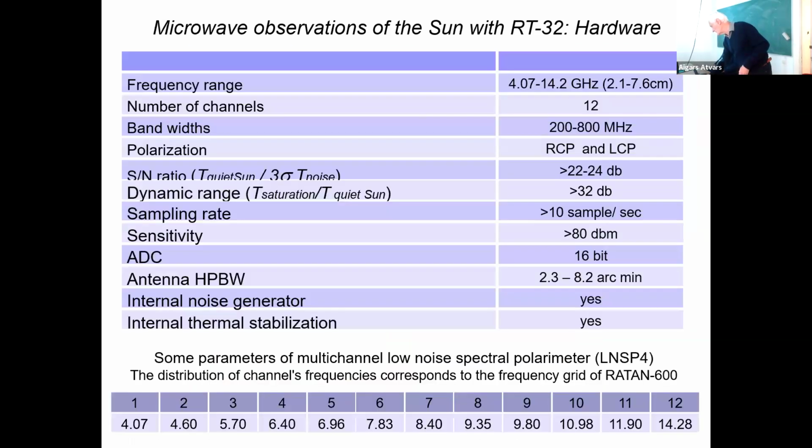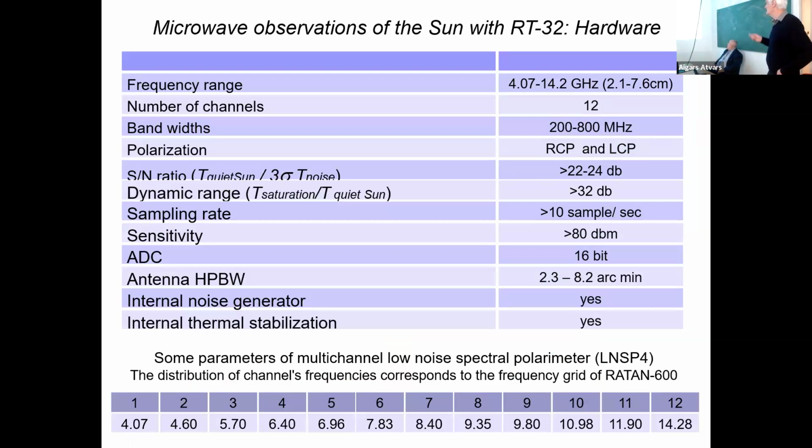As a result, here you can see some data of the receiver we used. Main feature, it covers the wavelength range from 2.1 till 7.6 centimeters, and this range is divided into 12 frequency channels.